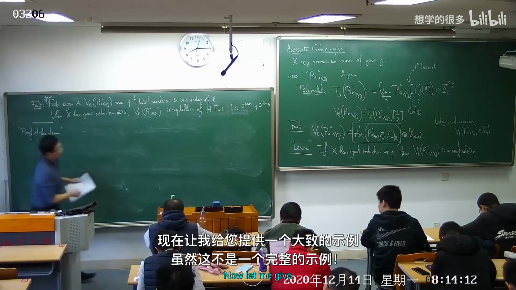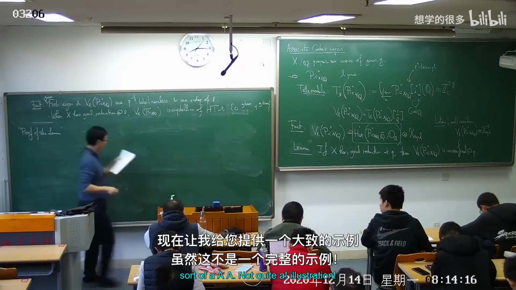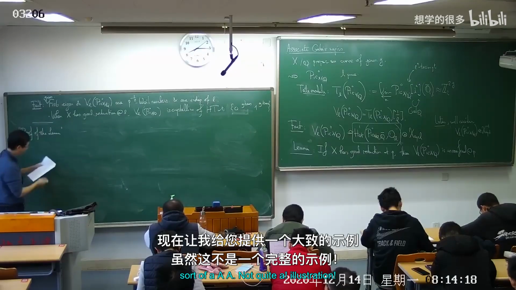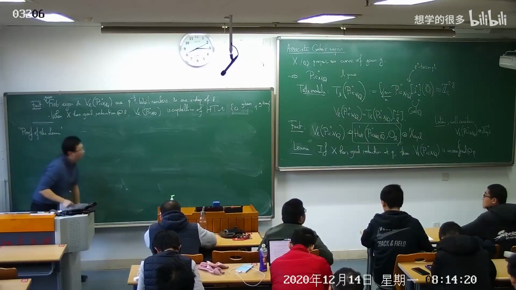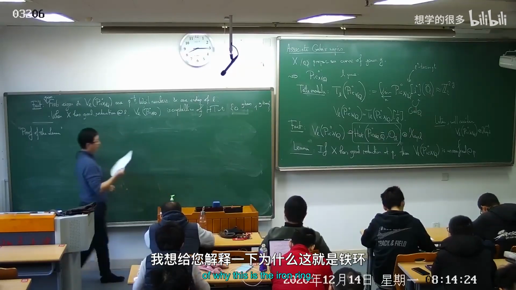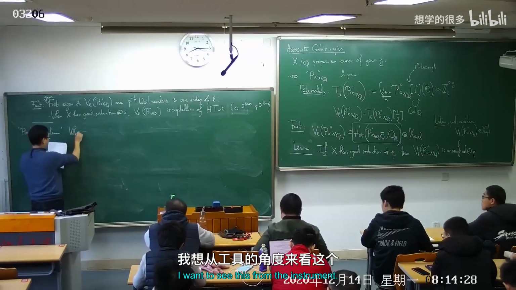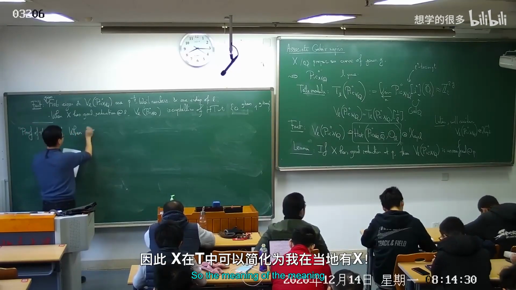Well, now let me give not quite a proof, but an illustration. I want to give you an explanation of why this is unramified, aside from the reduction. I want to see this geometrically.